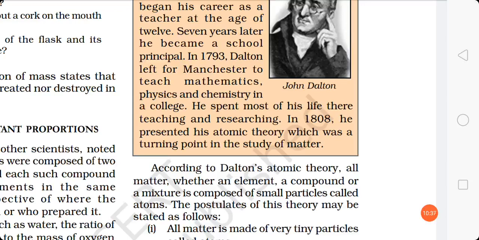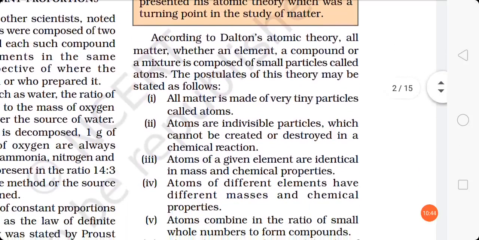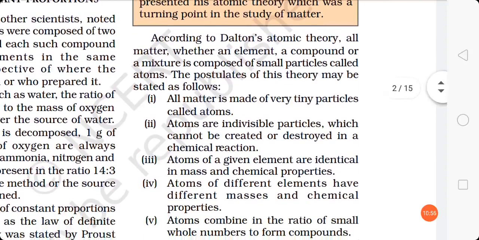Now, what were the points given by Dalton's atomic theory? According to Dalton's atomic theory, all matter, whether an element, a compound or a mixture. I hope you are clear with these three terms, students, as we are done with chapters 1 and 2, in which we discussed these three terms in detail: element, compound, and mixture. Which types of mixture are there?